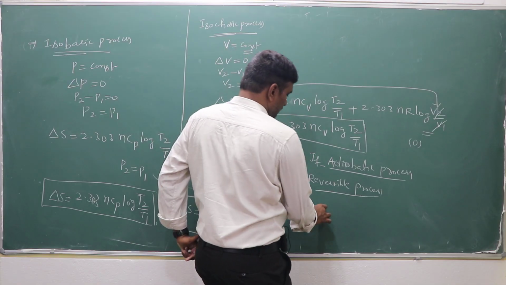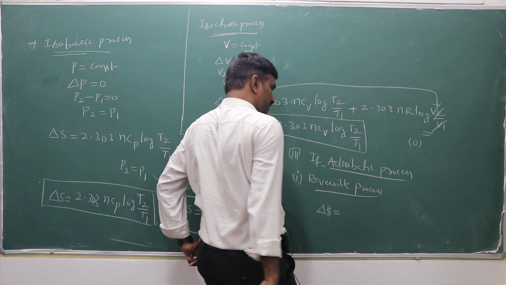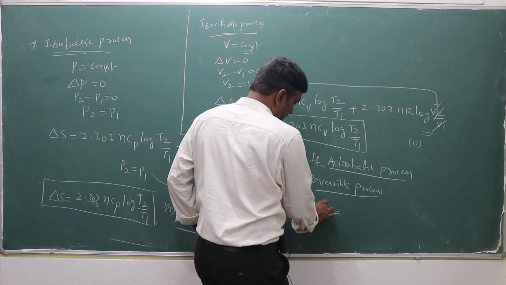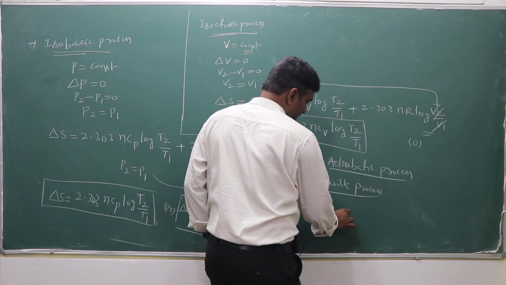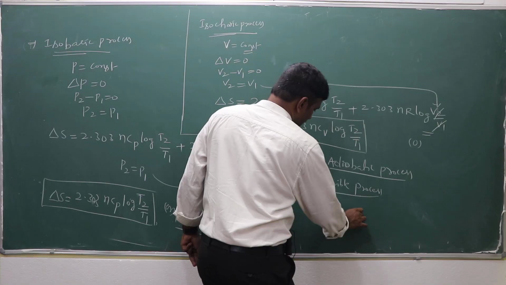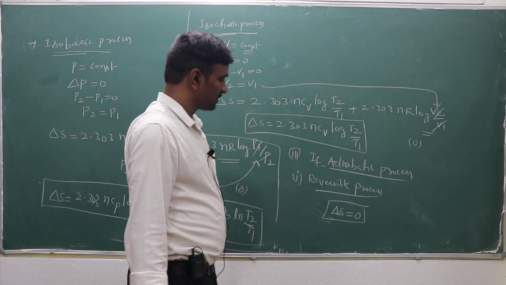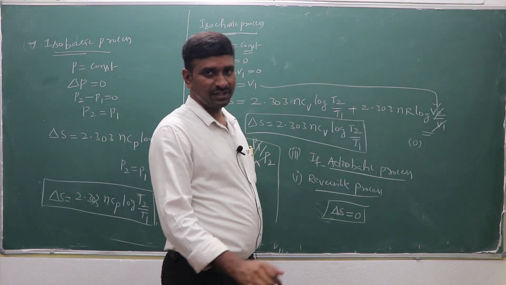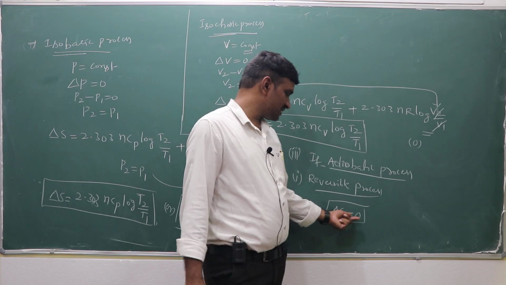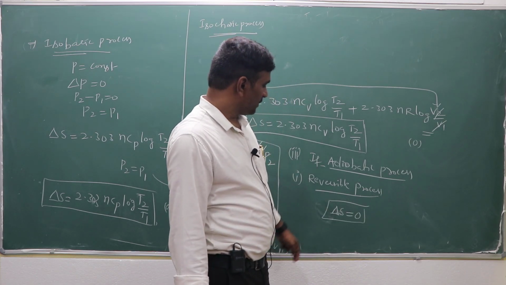Here the change in Q is 0, dQ is 0. When dQ is 0, dS is equal to dQ by T, and that value will be 0. That means delta S is equal to 0 in the reversible process.